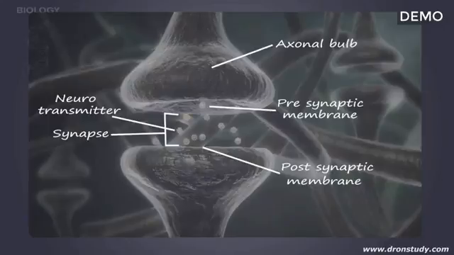Then how will the transmission stop? The synaptic knob will absorb some of the neurotransmitters and some will just degenerate, and that is how the impulse will stop, because you cannot continuously stimulate a nerve fiber.